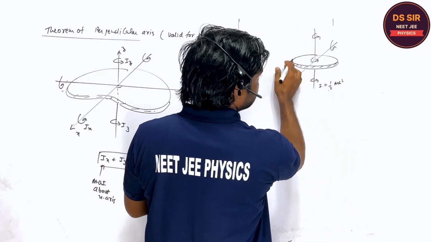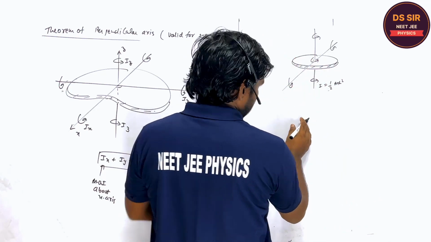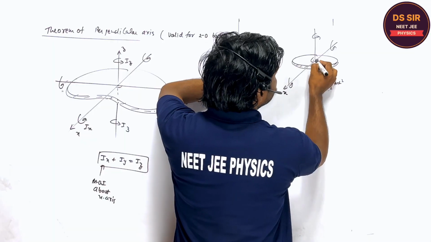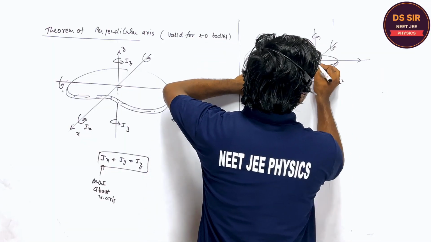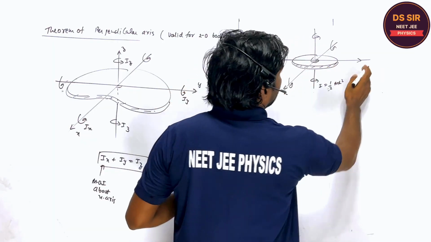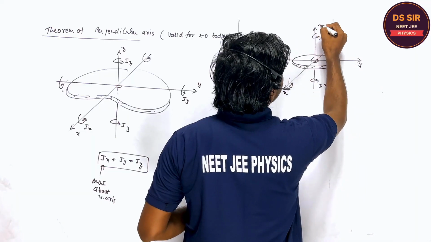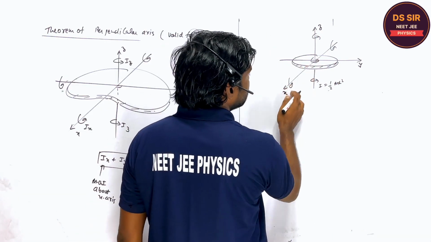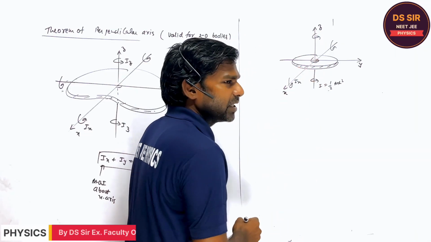So listen, this is the side view. If this is the x-axis, I choose another axis just perpendicular to this, the y-axis, and this is the z-axis. Are you getting it or not? If you choose this diameter, the moment of inertia is Ix.